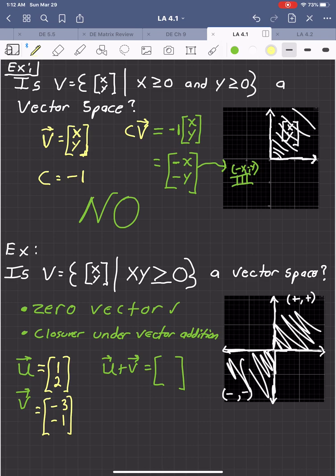Now, first, let's agree that vector u, over 1 up 2, is in the shaded region, that's actually in quadrant 1. Vector v, if we move to the left 3 down 1, is in quadrant 3, that is also in the shaded region, vector space V. So the question now becomes, what happens when I add u plus v?